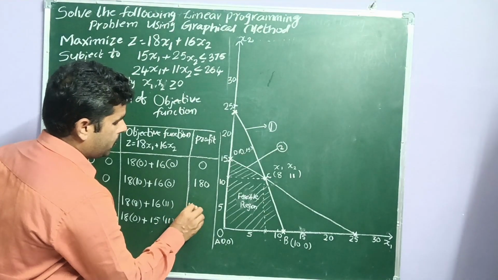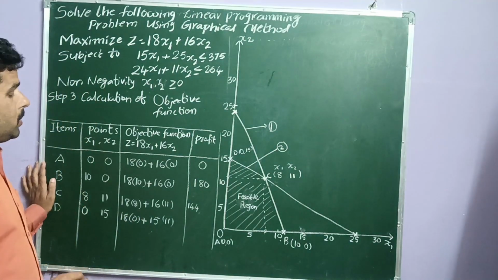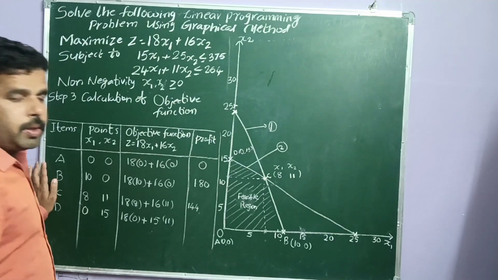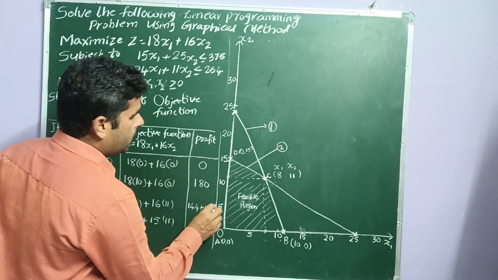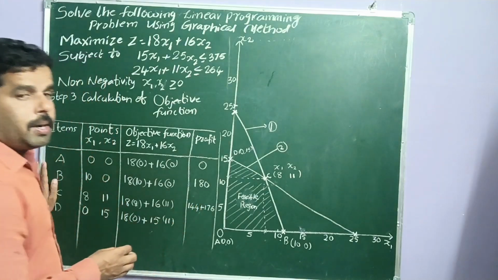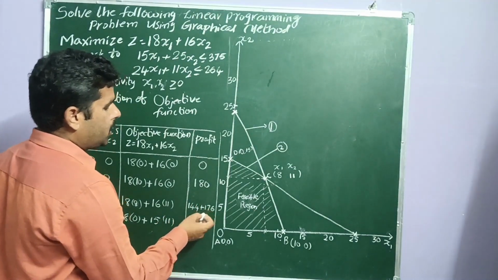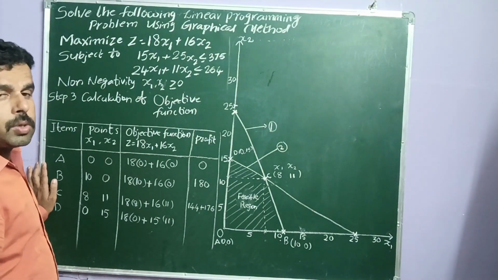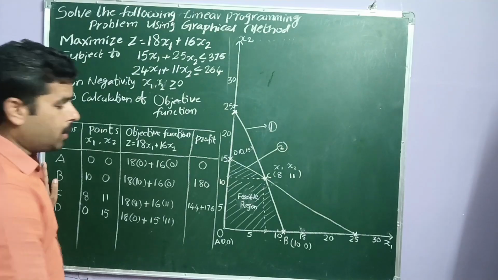Then plus 16 into 11. How much is 16 into 11? Please make it fast, my dear students. That is 176. To calculate both, do the addition: 176 plus 144. What is the answer?